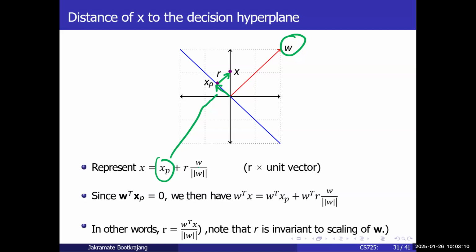Basically you sum up XP plus this vector. But because this vector is parallel to W, you can convert W to be a unit length. So this is a unit length vector, right? You get the unit length vector, and then the distance is R, so you multiply the distance.